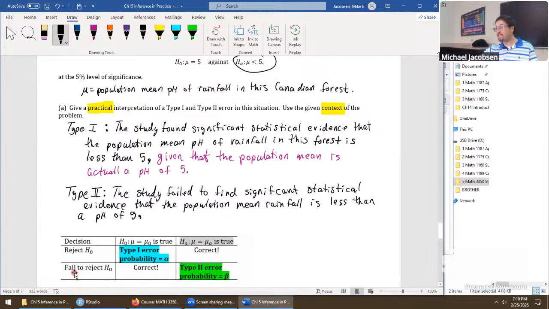We failed to reject H naught. The thing we actually say in our conclusion is we failed to support the alternative hypothesis, failed to find that evidence that it's less than 5. And then the big statement is, given that, a specific alternative hypothesis.